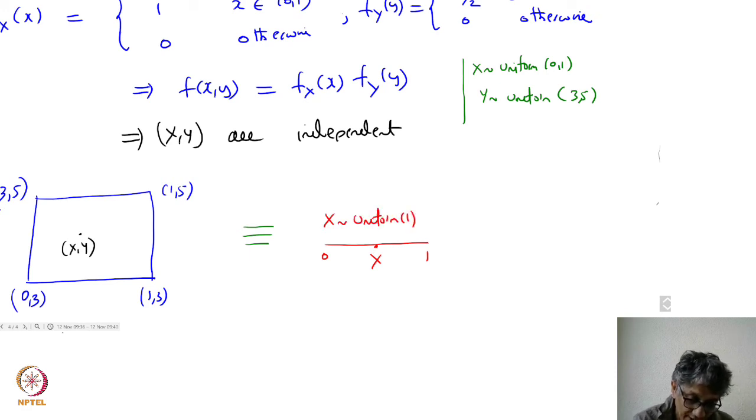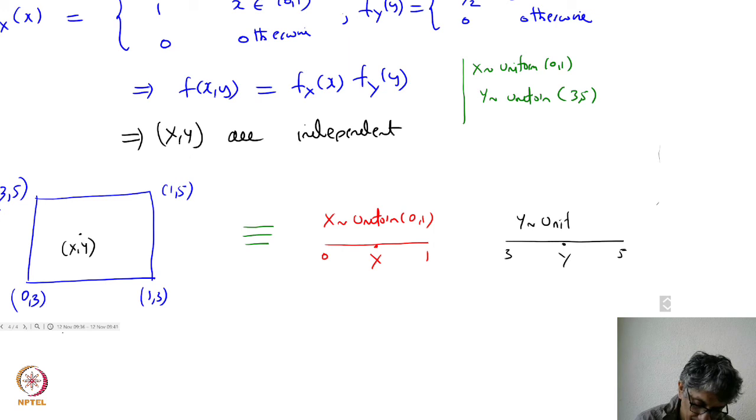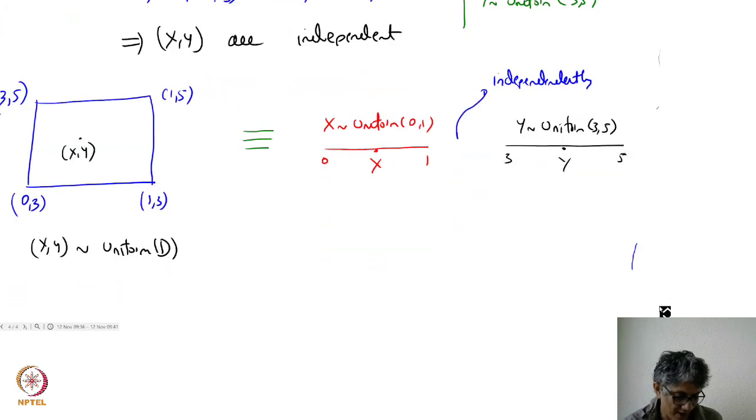Then, in an independent manner, you choose your point y in the interval 3, 5, so y is uniform on 3, 5. So if you do the experiment for x and y independently, that's the same as choosing x and y uniformly in the rectangle D.